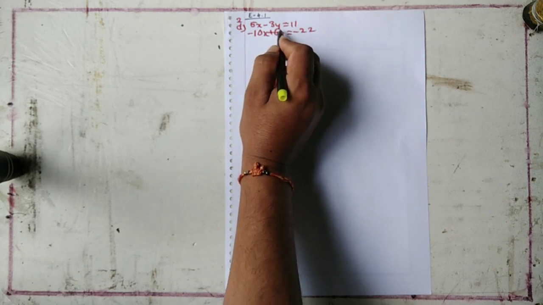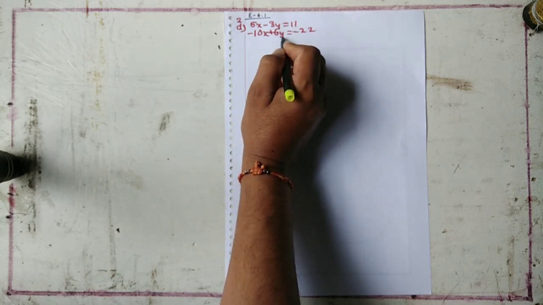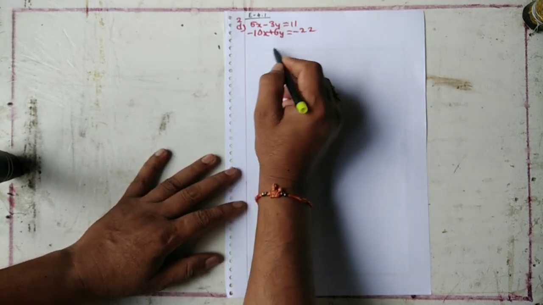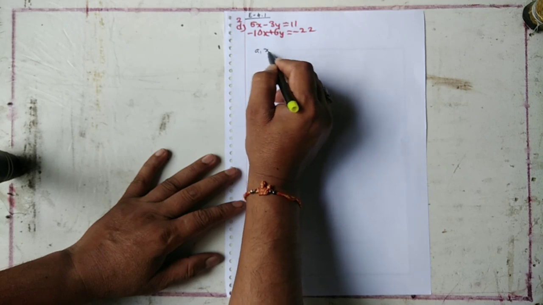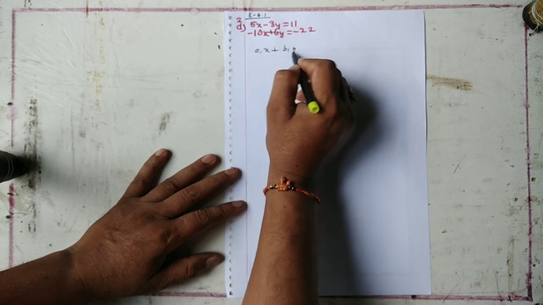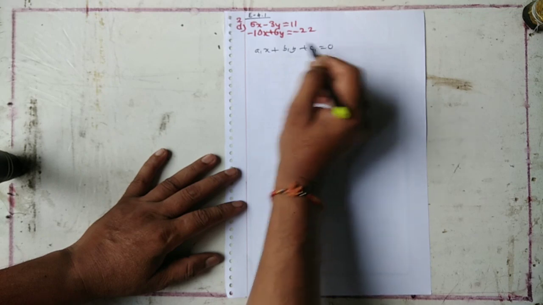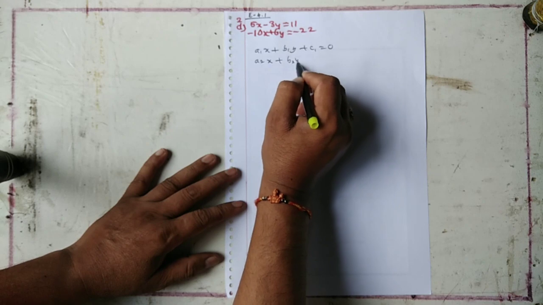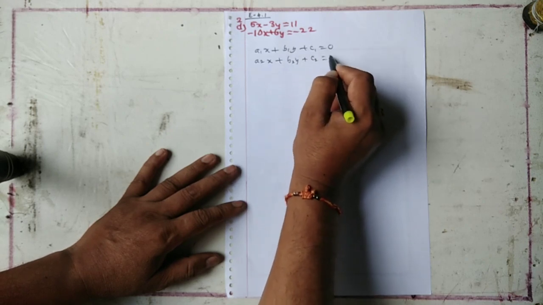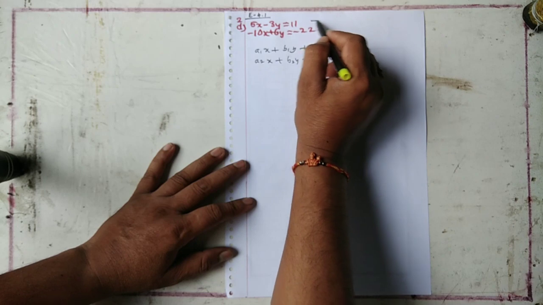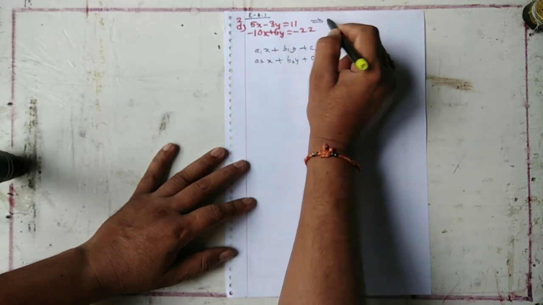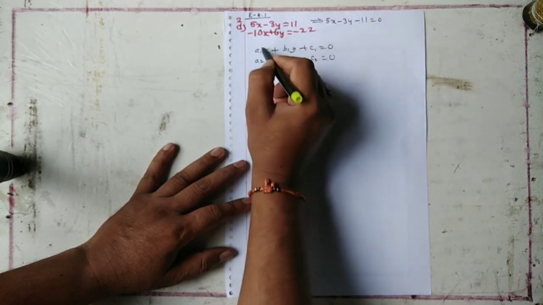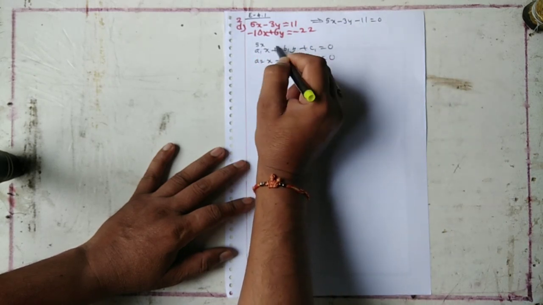D. 5x minus 3y is equal to 11, minus 10x plus 6y is equal to minus 22. On comparing these equations with the standard forms, a1x plus b1y plus c1 is equal to 0 and a2x plus b2y plus c2 is equal to 0. 5x minus 3y minus 11 is equal to 0.